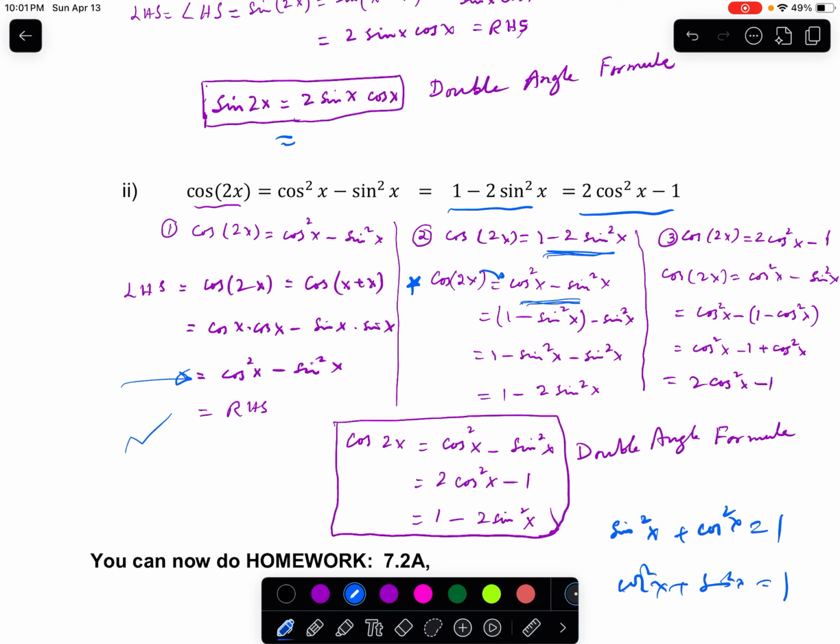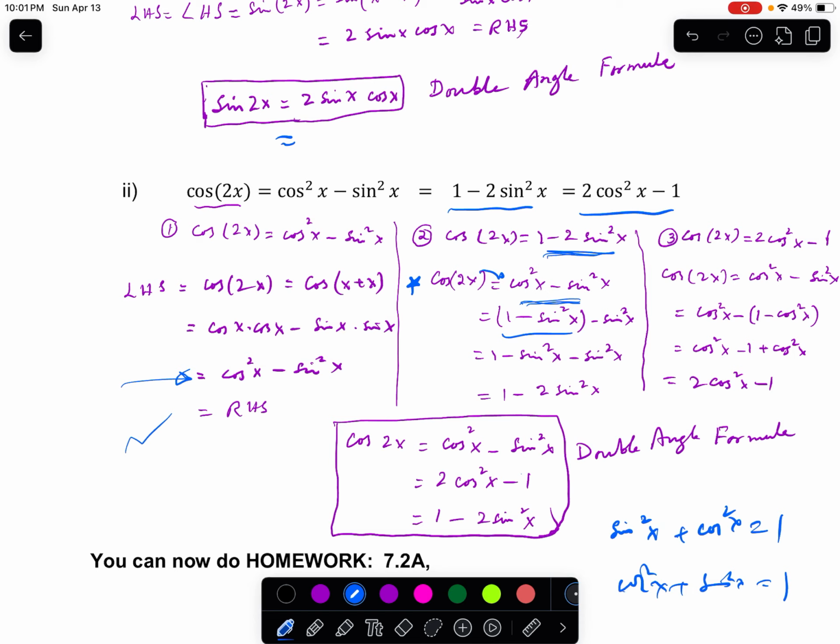Cosine square is equal to 1 minus sine square. So I replace the cosine square by 1 minus sine square, and then I already have minus sine square there. Open the parentheses, collect the like terms, and we get 1 minus 2 sine square x. So we have shown our identity is true.